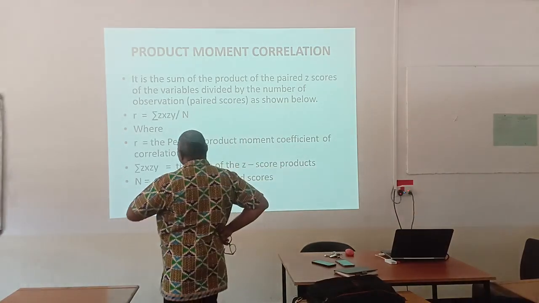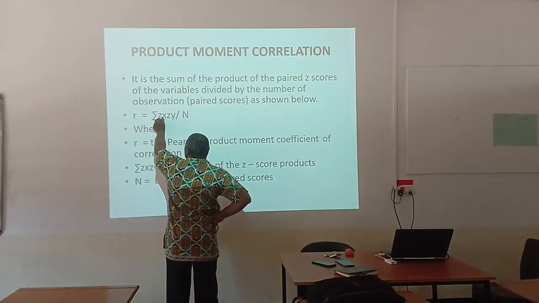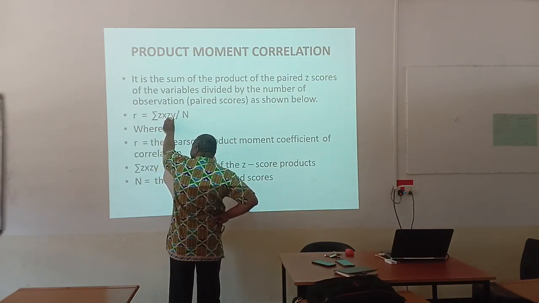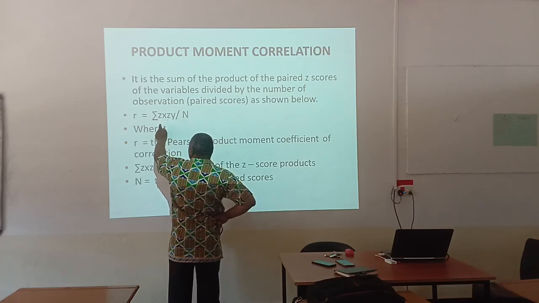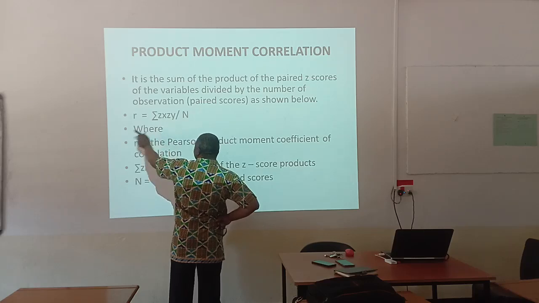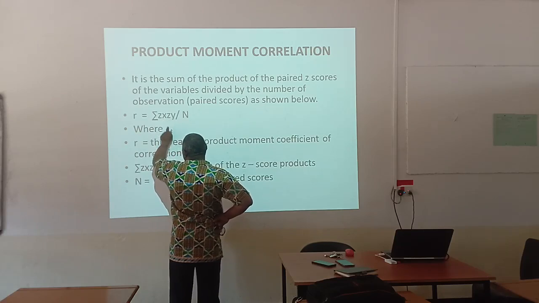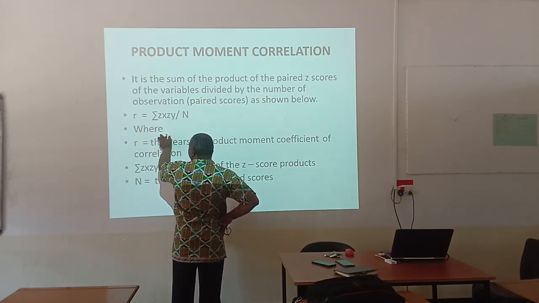So you have a z-score for each student on X and a z-score for each student on Y. You multiply those two. A z-score for student B for X, a z-score for student B for Y, you multiply. A z-score for student C for X, a z-score for student C for Y, multiply.